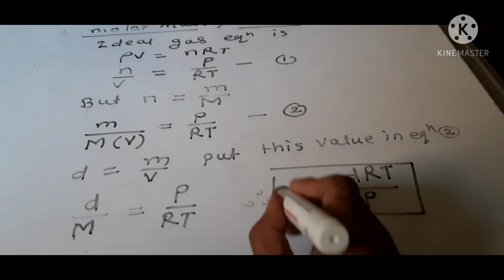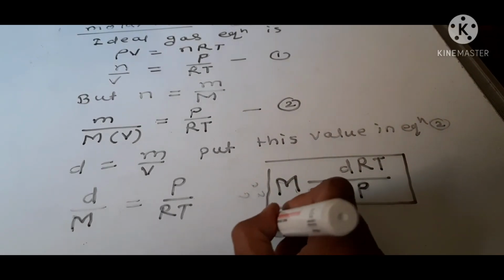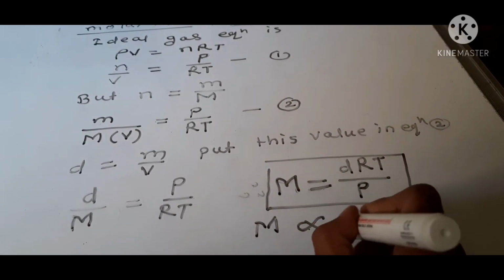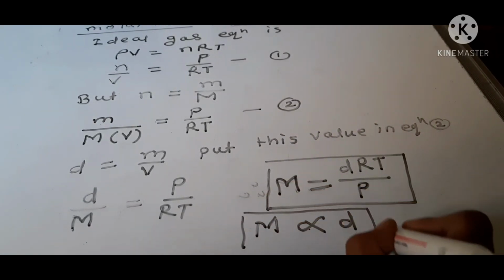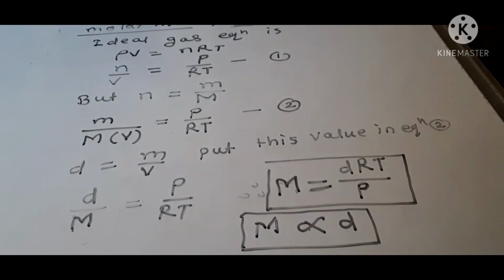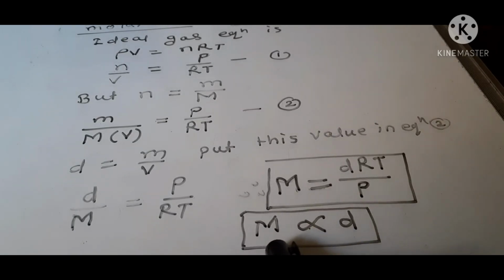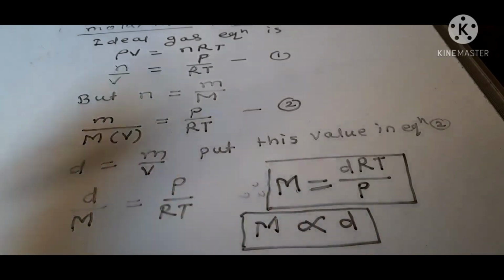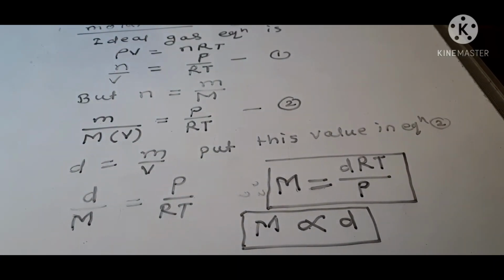Okay, so from this we can write molar mass M is directly proportional to D. Molar mass is directly proportional to density. We can derive this equation from the ideal gas equation as well as from Boyle's law.